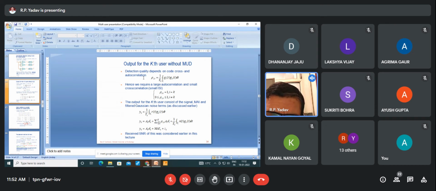That's obvious, I think. The output of the kth user consists of the signal, MAI, and filtered Gaussian noise process. That is simply my signal, my multiple access interference, and the filtered Gaussian noise term.